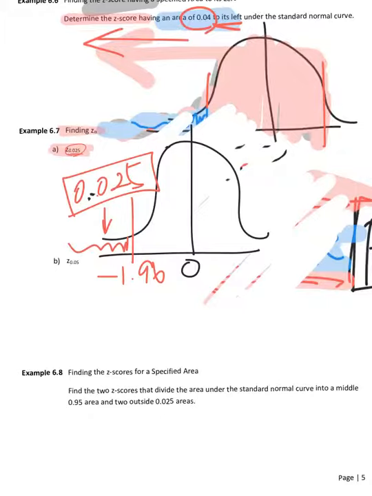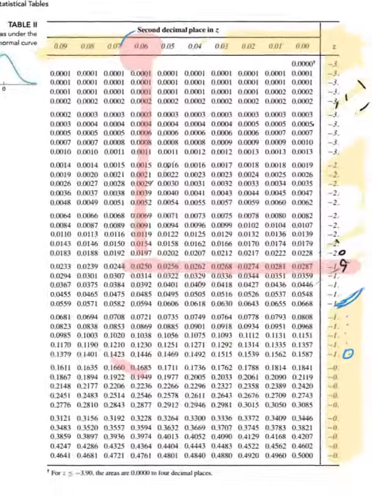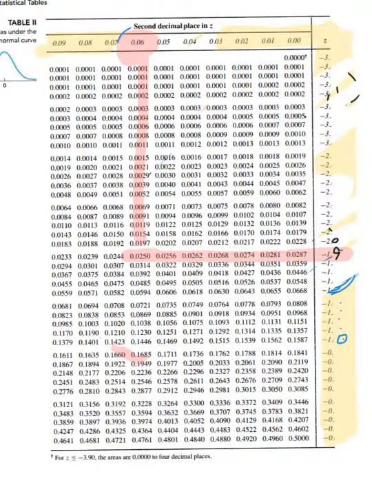How about the next one? The next one is here. To the left, there is a probability 0.05. It's the same idea. We have to go to the same z-table. And now look for another probability 0.05.